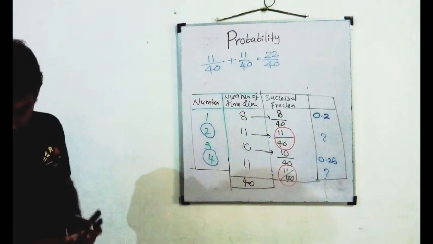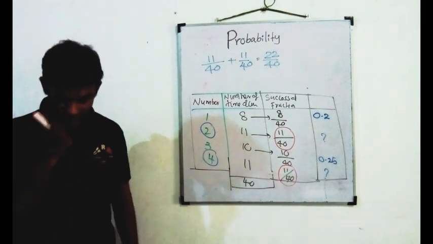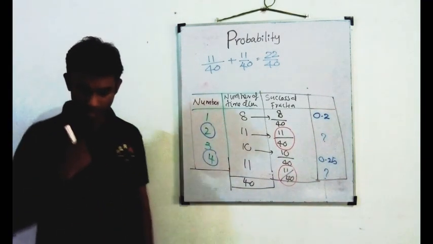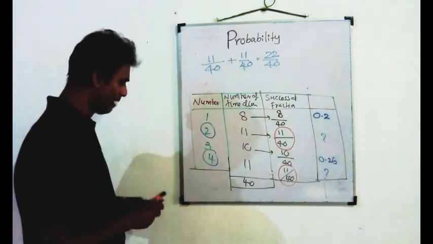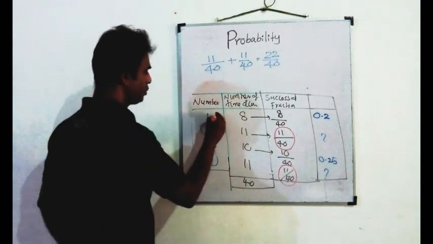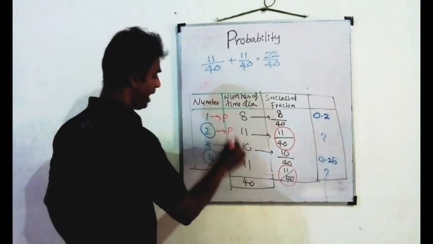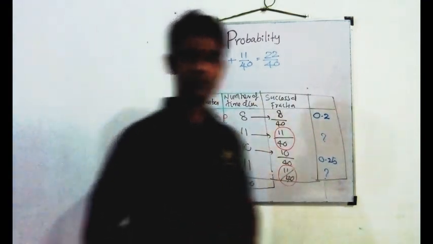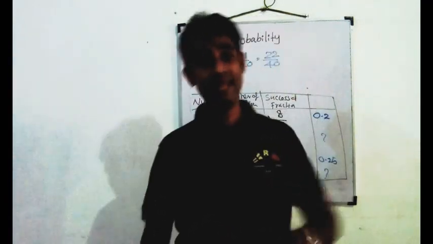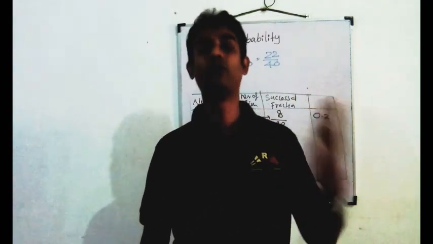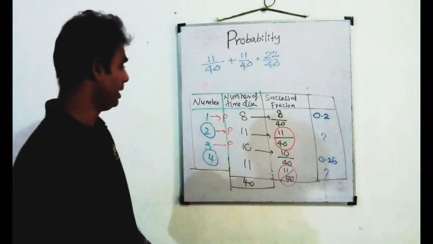Another question I will ask: find the experimental probability of getting a prime number. What are the prime numbers here? This number is prime, this number is prime. Remember that a prime number is a number that can be divided only by 1 and itself without a remainder.